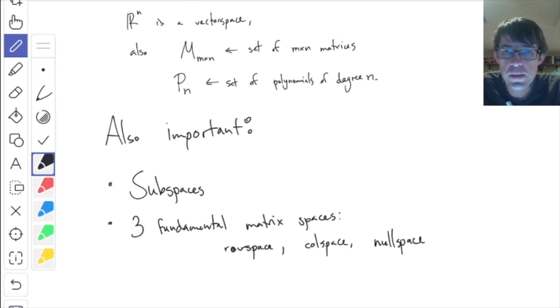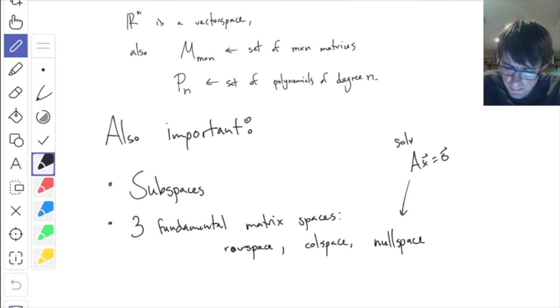If I give you a matrix, tell me what the null space is. Tell me what the column space is, right? The row space is defined to be the span of the rows. The column space is the span of the columns. And the null space is the set of all solutions to Ax equals 0, also known as the kernel. In algebra, you call this the kernel. This is the set of solutions to Ax equals 0.